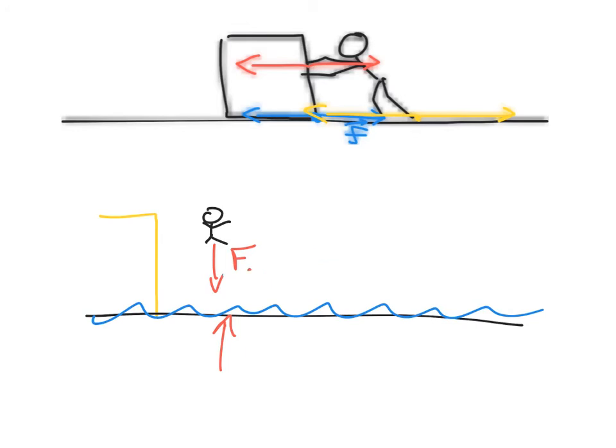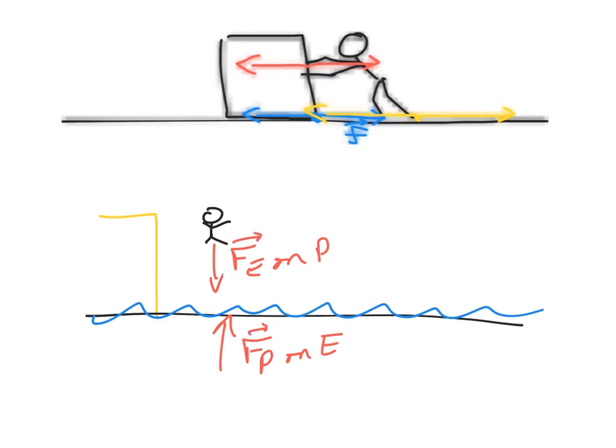This is the force of the earth on the person. So the earth is pulling the person down. This reaction force is you, the person, pulling the earth back up towards you. All right, so this is the force of the person on the earth. Let me put their vector symbol up there.